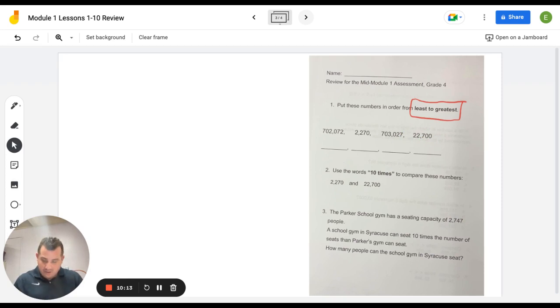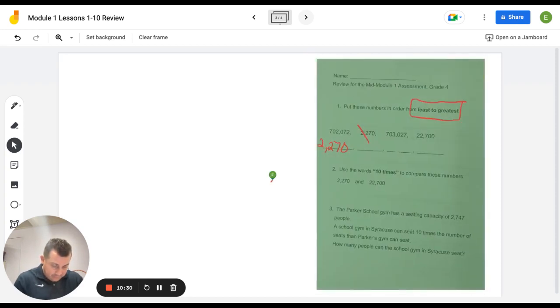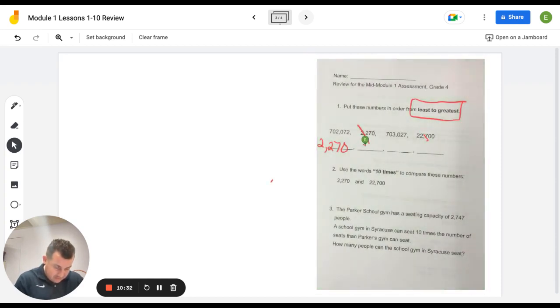So I know the least number is going to be 2,270. That's the least number I have. So then that means that 22,700 has to be the next smallest number.